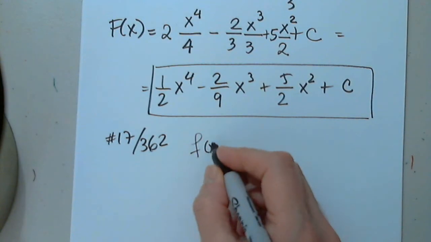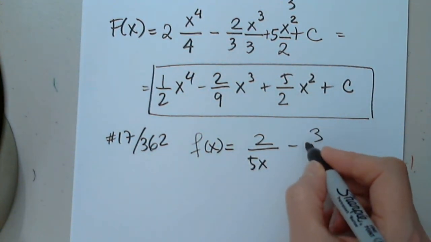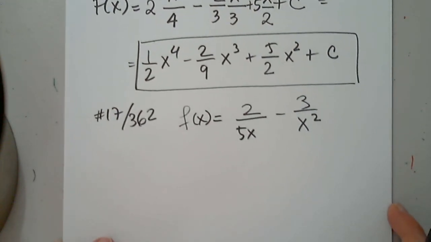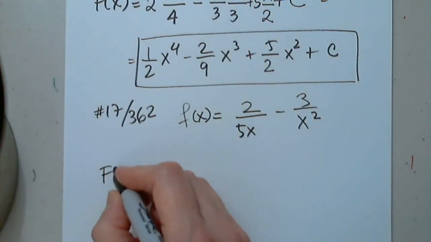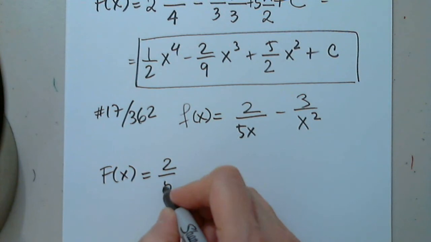Okay, so now f of x, the same question. And let's analyze that. Since we are given the f of x, we are asked to find the most general antiderivative. 2 over 5, who cares?